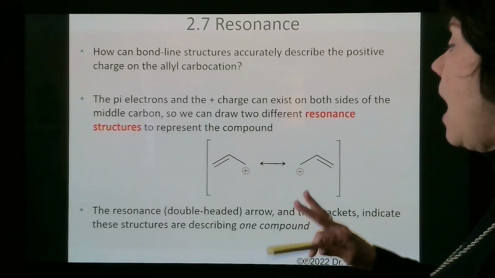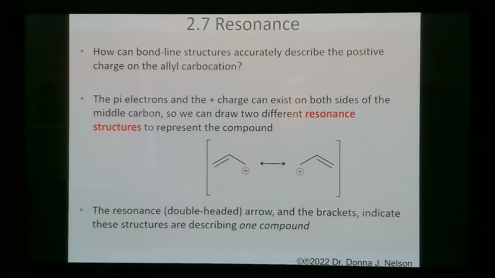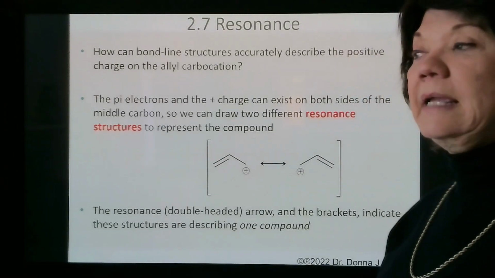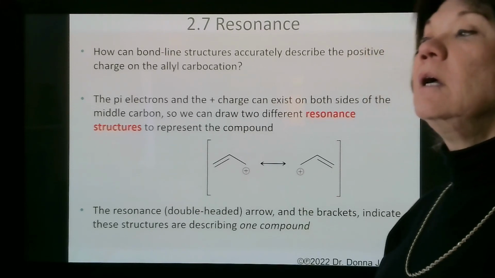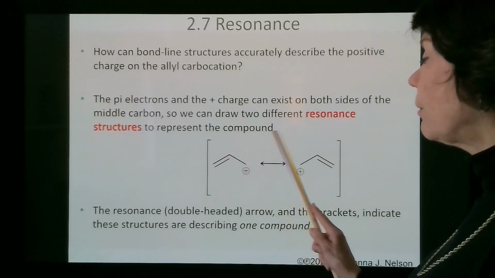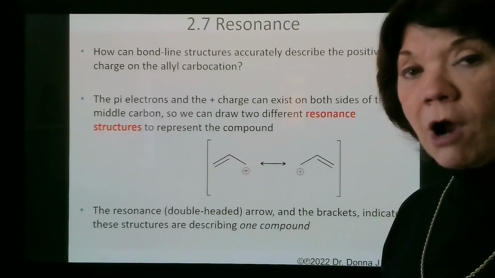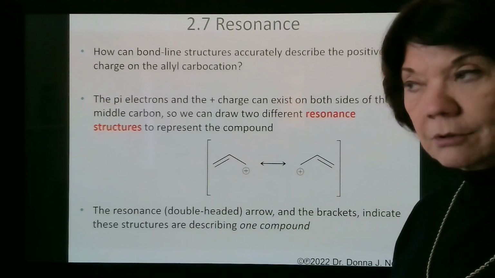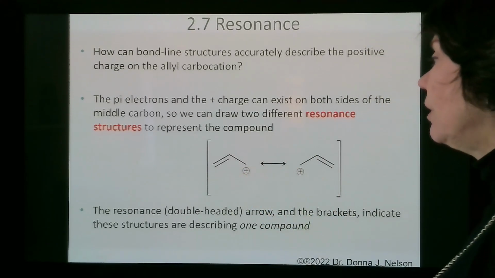You've got sort of an average of those 2 structures, taken together in describing the one compound. You do not have a molecule jumping back and forth between these 2 structures. It is only one structure that resembles both simultaneously, sort of like an average of those 2 structures.